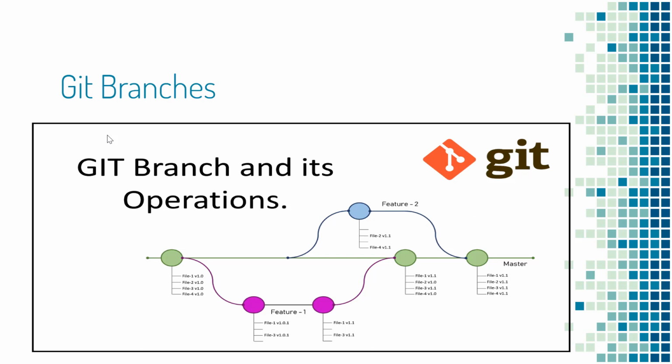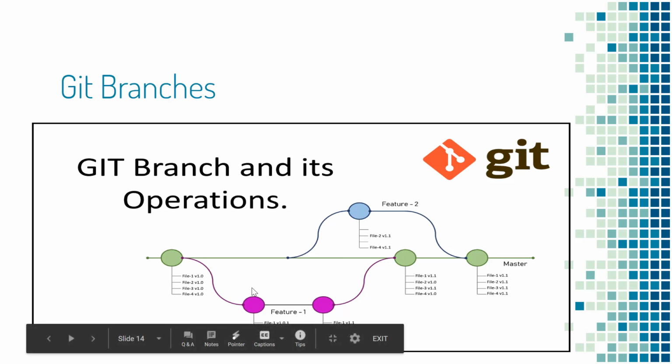In most applications, as a web developer, you're not going to be the only developer working on this project. You might have multiple developers working on the same project. So in most cases, you will have your own branch for the feature that you are working on.